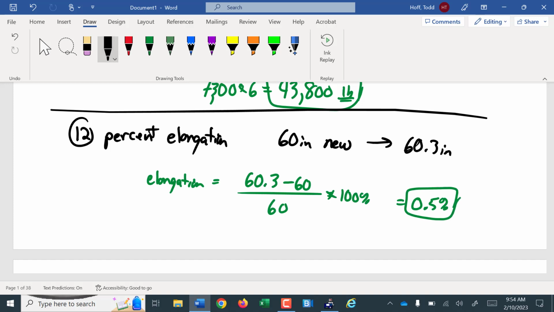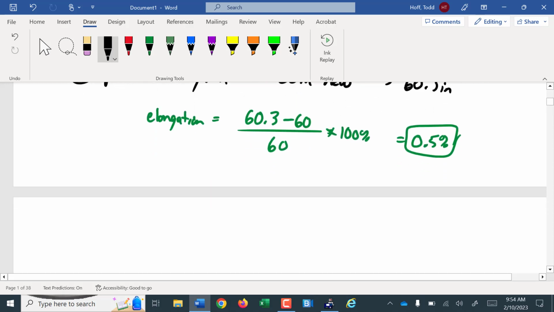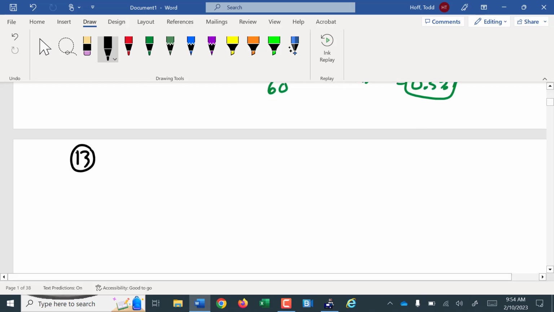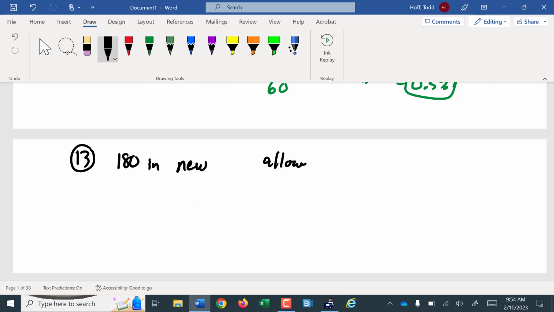Usually, I think industrial standard in most industries is 1.5% maximum elongation before you scrap a chain. So 13, find the maximum allowable worn length for a chain. If it's 180 inches new, and you're allowed 1.5%.